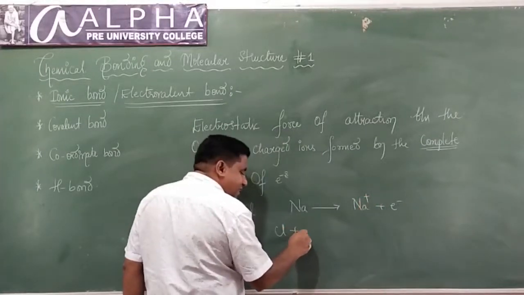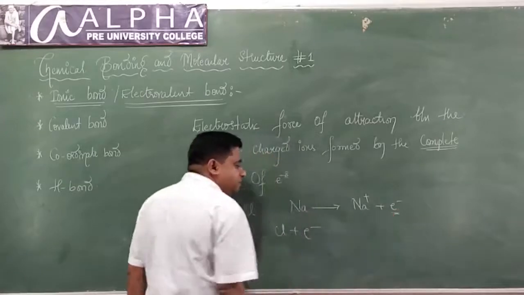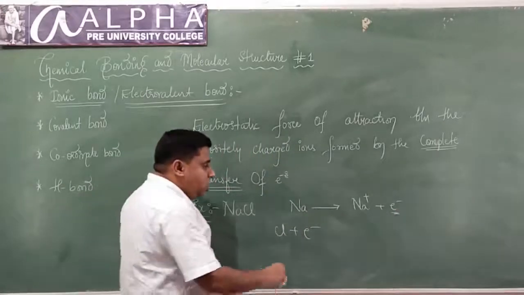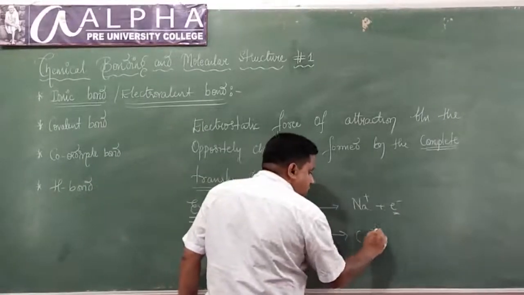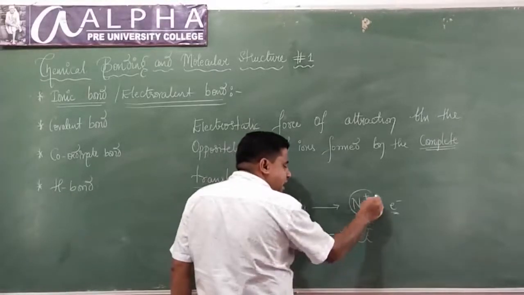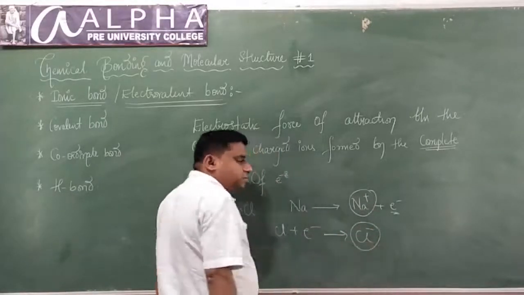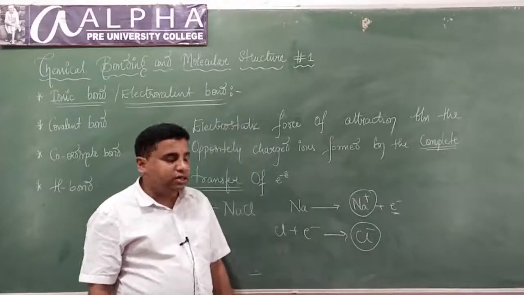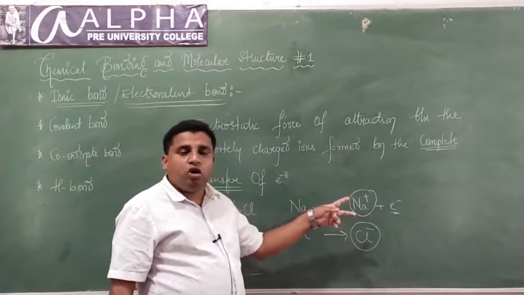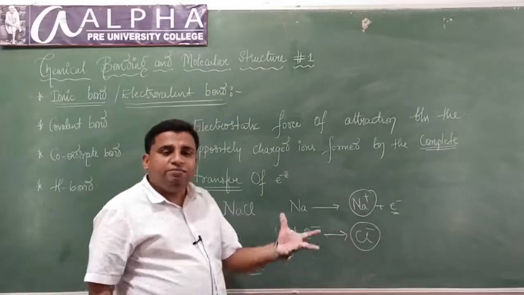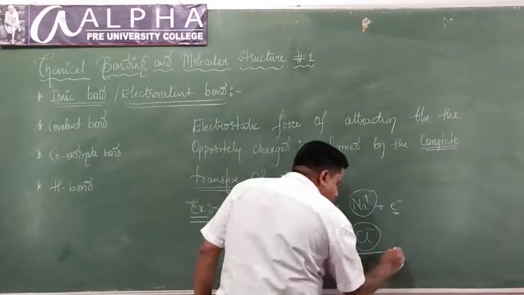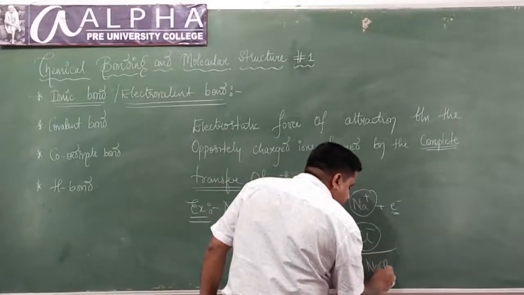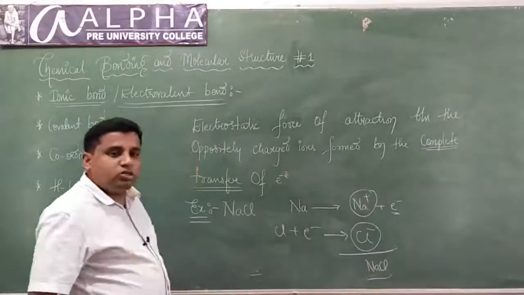Chlorine will completely gain this electron to form chloride. Now, sodium ion and chloride ion being oppositely charged ions, we know opposite charges attract each other, to form sodium chloride.